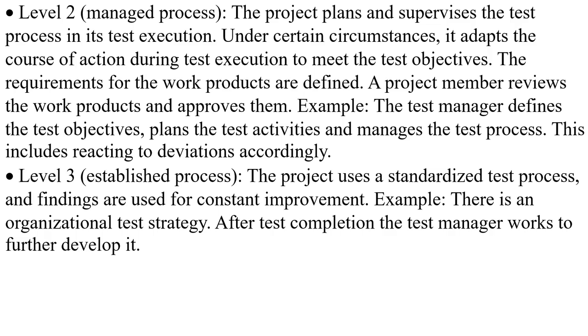A project member reviews the work products and approves them. Example: the test manager defines the test objective, plans the test activities, and manages the test process. This includes reacting to deviations accordingly.